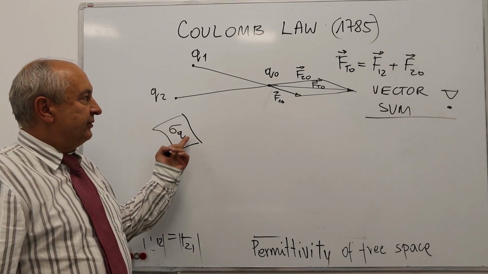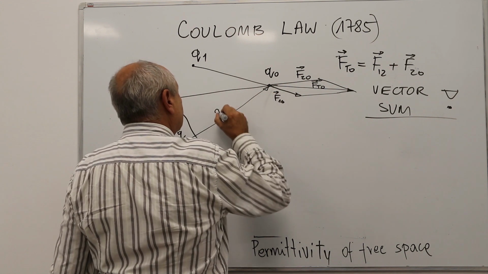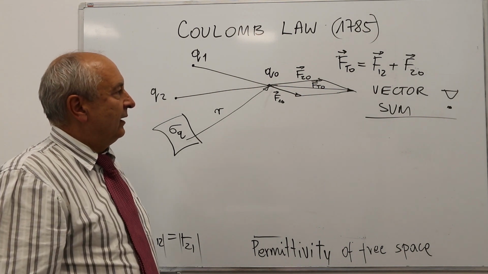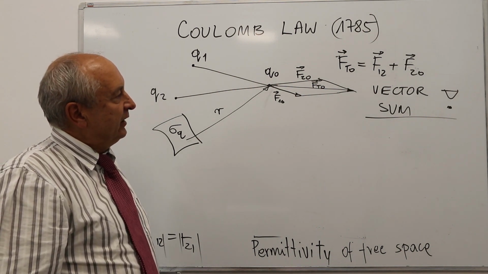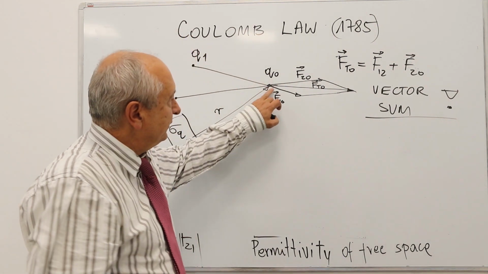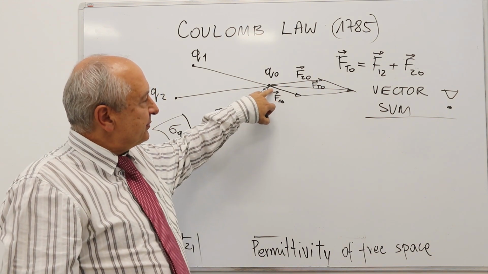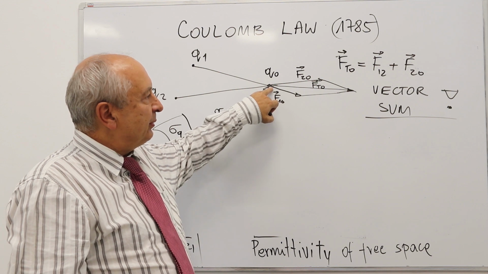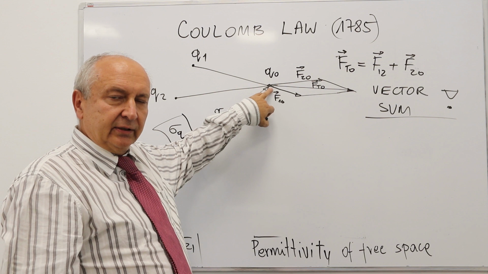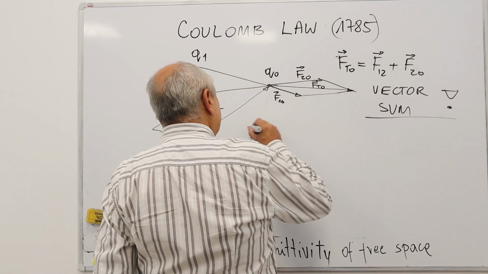The calculation of such cases is much more complicated, and it is much easier if we consider the state of the volume of space in this point, and we define the electric field intensity in this point.